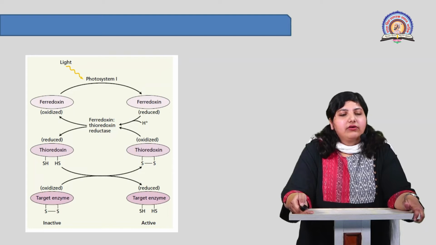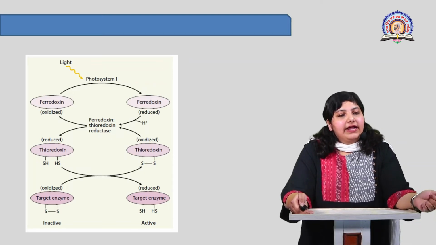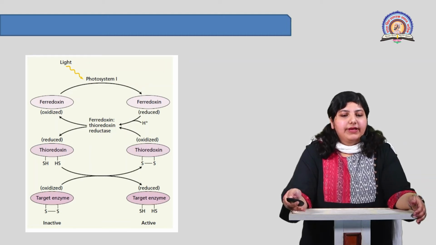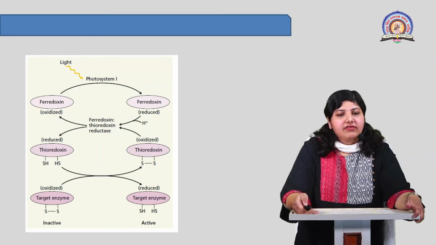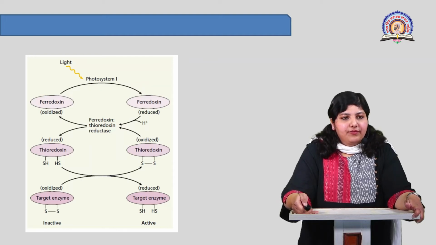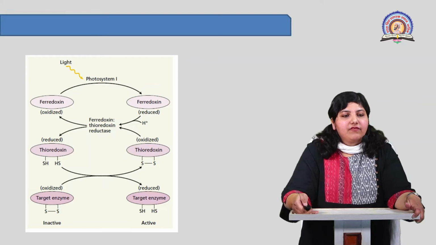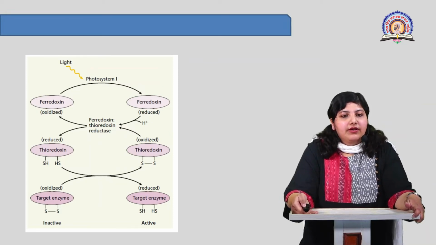That enzyme is ferredoxin thioredoxin reductase. So you can see how the electrons are transferred from an oxidized stage to a reduced stage, and the oxidized stage gets reduced to become an active enzyme. The oxidized stage is the disulfide state, and the reduced stage is the sulfhydryl stage. You can see ferredoxin was in the oxidized stage. When light was present, it got reduced to the active form. This reduced ferredoxin then transfers electrons to oxidized thioredoxin.